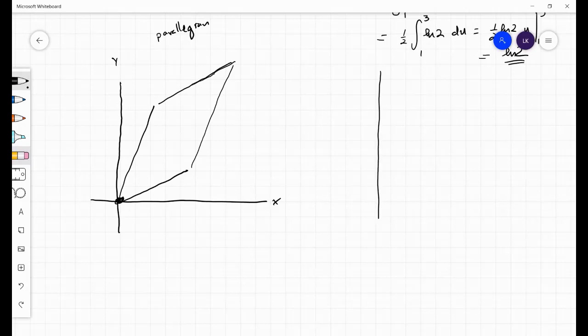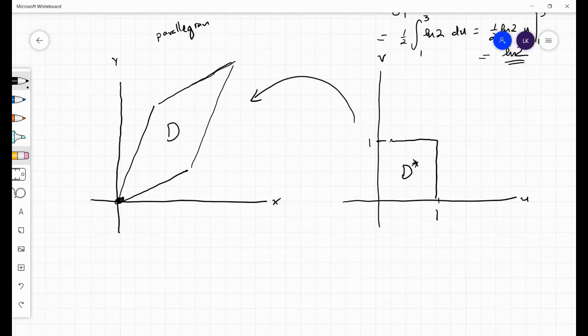You can always find a linear transformation that will map a unit square into that parallelogram. So there's always a linear transformation, and we'll call it T for linear transformation.